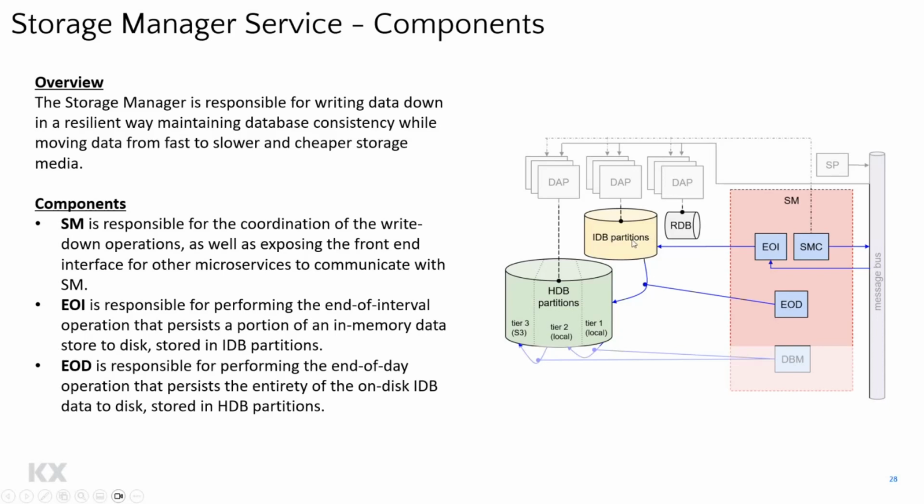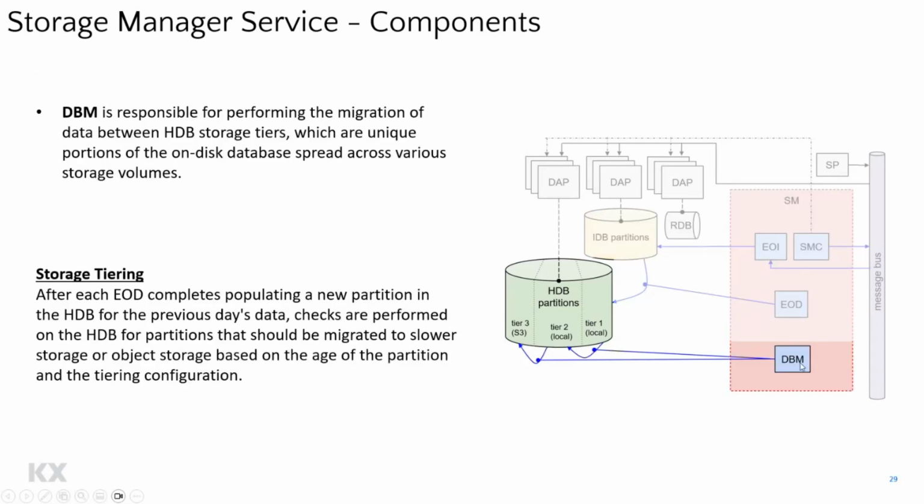Then at the end of day, it's moving that data from that intraday location into a date partition, which is available on disk. Then the database manager process, as part of that storage manager, will slowly and surely migrate the data across the tiers on a configured time. So that could be every month, move data from one storage option to another, and every 6 months move it into the final location, or perhaps even delete it.